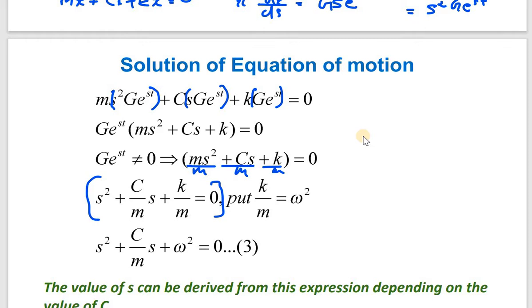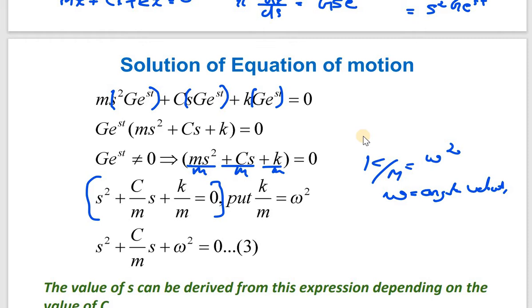So that is the reason why we are going to assume this k by m as omega square. Omega is the angular velocity. After deriving this, I will explain why I have taken omega square, and you will get it more clearly after that.